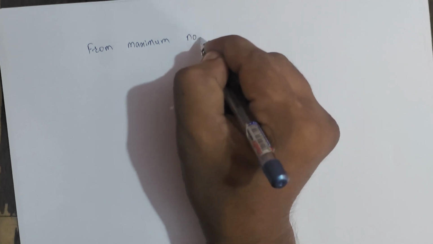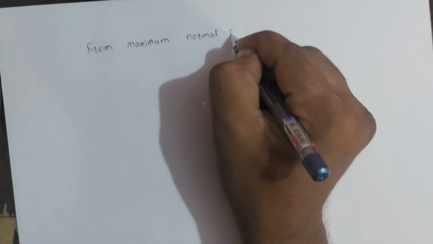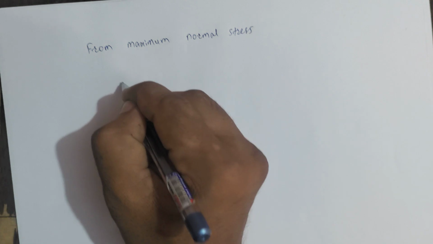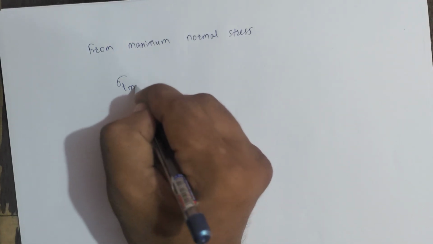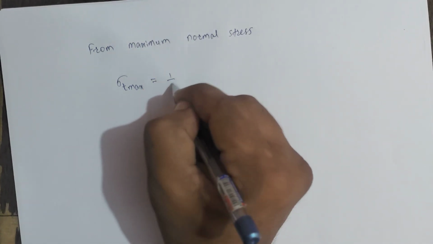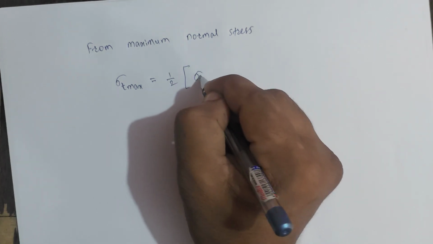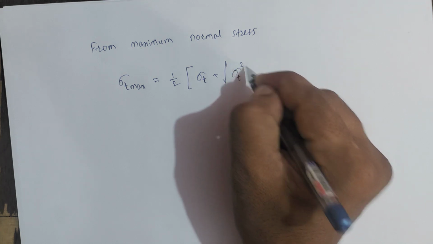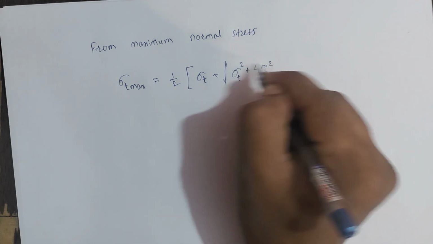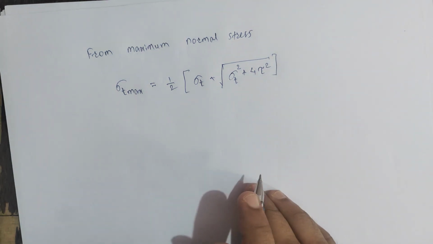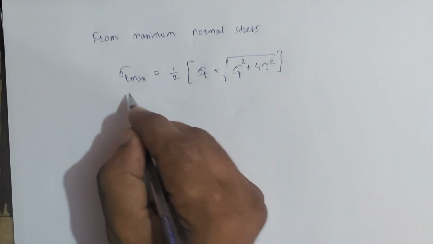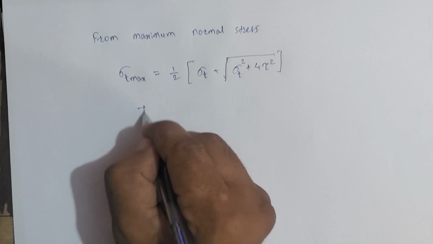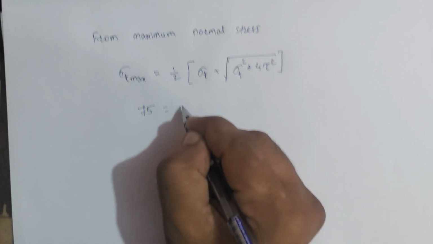From the maximum normal stress, so what is the maximum normal stress? That is sigma T max, which is equal to 1 by 2 sigma T plus under root of sigma T square plus 4 tau square. So if we put values in this formula, sigma T max is the permissible tensile stress, which is also given in the question.